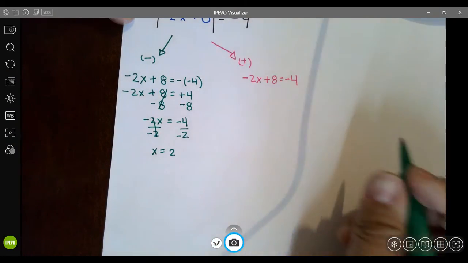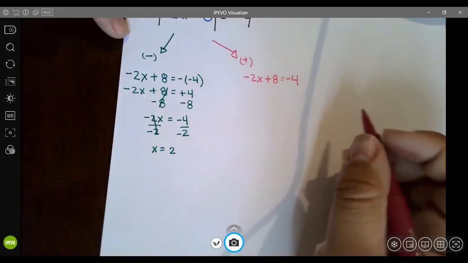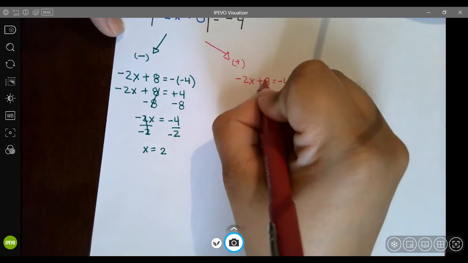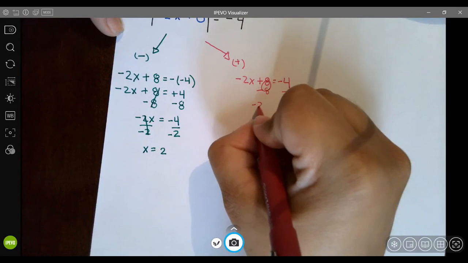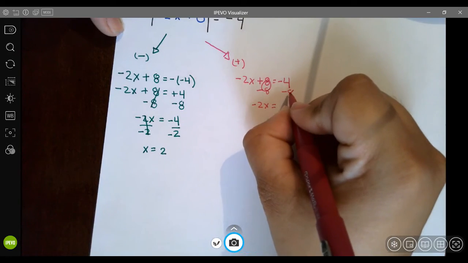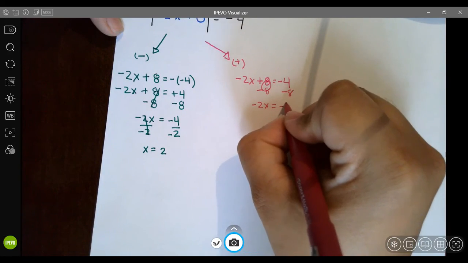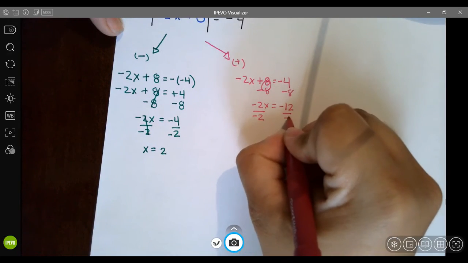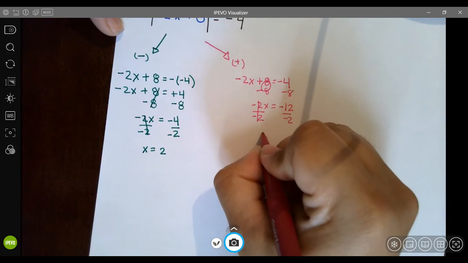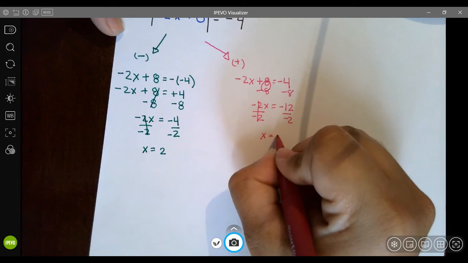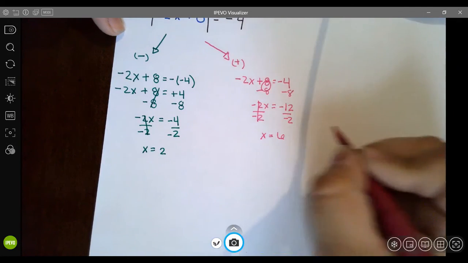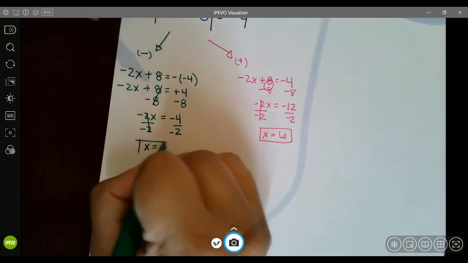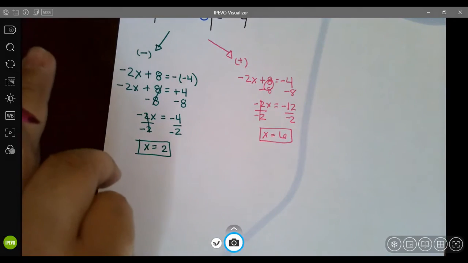Okay, how about on this side? Let's see what I get. So you subtract 8. This is going to leave me with negative 2x equals negative 12. Divide by negative 2 on each side. I am left with a positive 6. Yes, so I'm going to box them in. Make sure I can find my solutions.